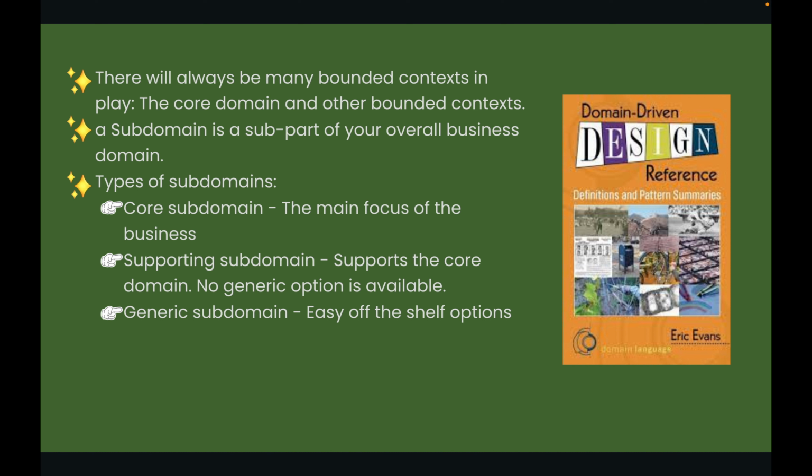So we have two different terms: subdomain and bounded context. What's the difference between the two? Ideally, one subdomain should be per one bounded context and vice versa. It's one-to-one, really. If the bounded context is a boundary, a subdomain is literally representing a single logical domain model.